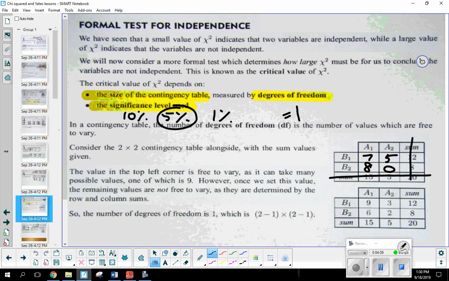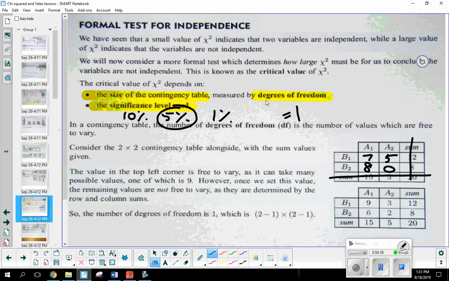And a lot of times the problems will go ahead and say, test this at 1%, test this at 5%, especially if it shows up on a paper exam. But if you're choosing to use the chi-squared test for independence on your internal assessment, it's completely up to your choice. And that could be part of your paper, explaining your reasoning, why you chose that particular value. The other one is the degrees of freedom. How do we calculate the degrees of freedom?